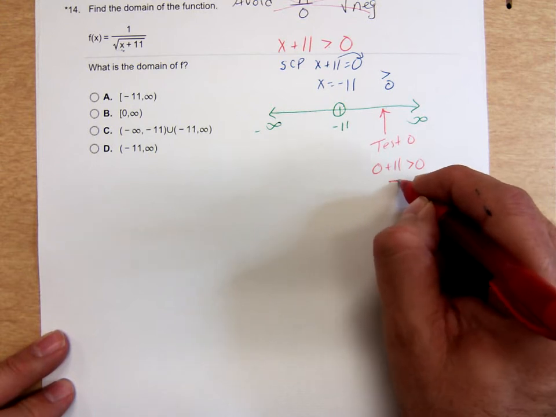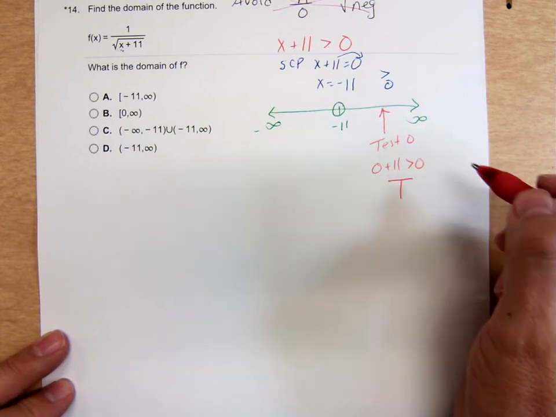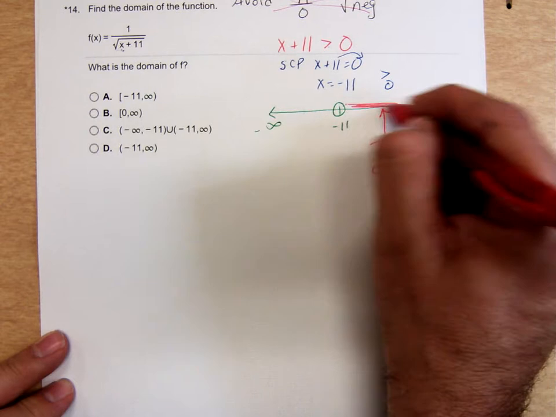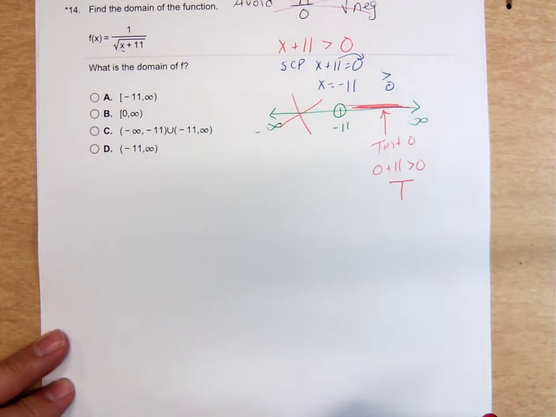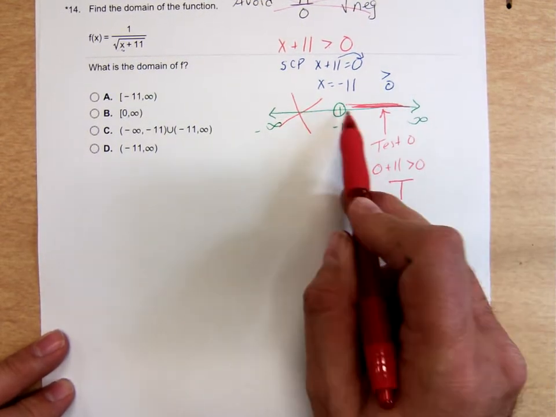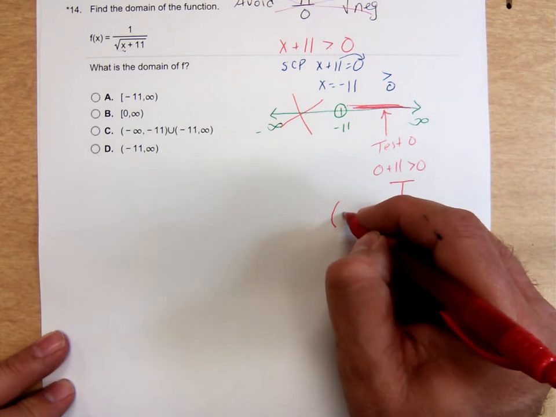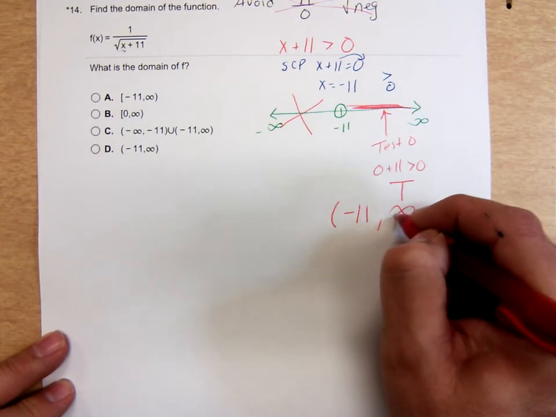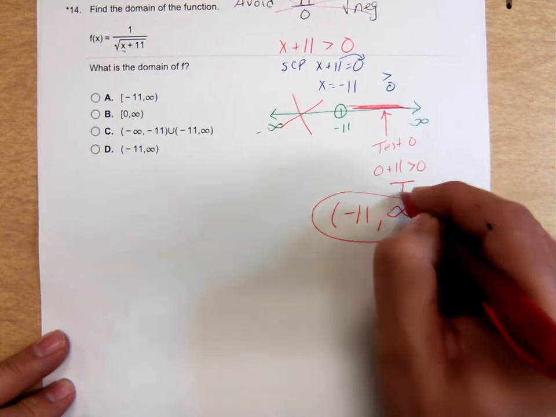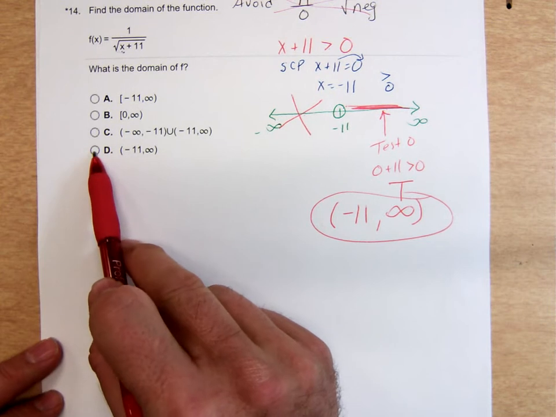Yes, that's true. And we don't even have to type it in. It's just multiple choice. What would our interval be? Parentheses, negative 11, comma, infinity. Okay, so answer D.